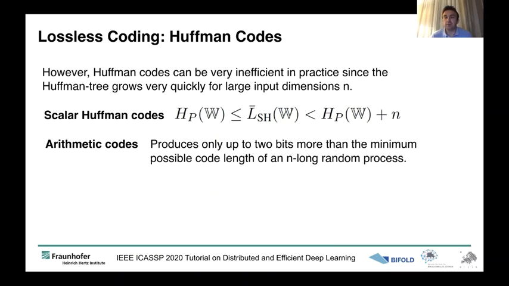They are within the entropy limit and entropy plus n, where n is the input dimensionality. For a neural network this is maybe not so efficient, because if you want to encode your weights, the parameters of a neural network, it can be on the order of millions. So the bound can be very, very loose.